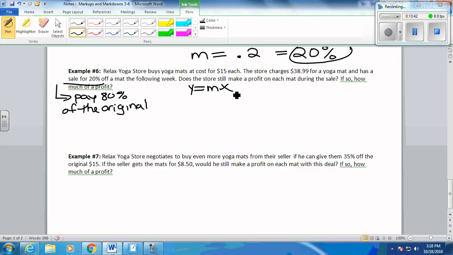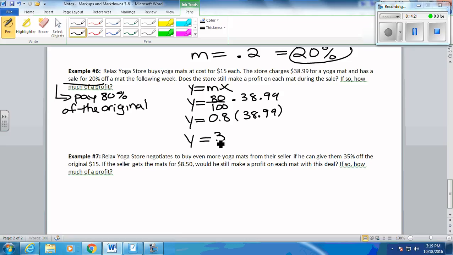I can find 20% of $38.99, and I'll tell you, that's $7.80, which will be my amount of markdown. Because if the sale is 20% off, then I need to take off 20% of $38.99 to get $31.19. Or I can just go ahead and use 80% right in my formula, and do the subtraction now. You can convert 80 hundredths to 8/10 if you'd like. And 8/10 times $38.99 would give us $31.19.